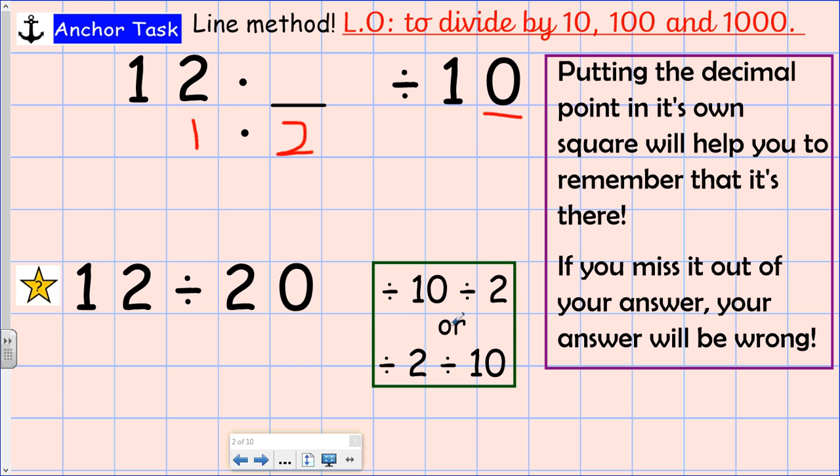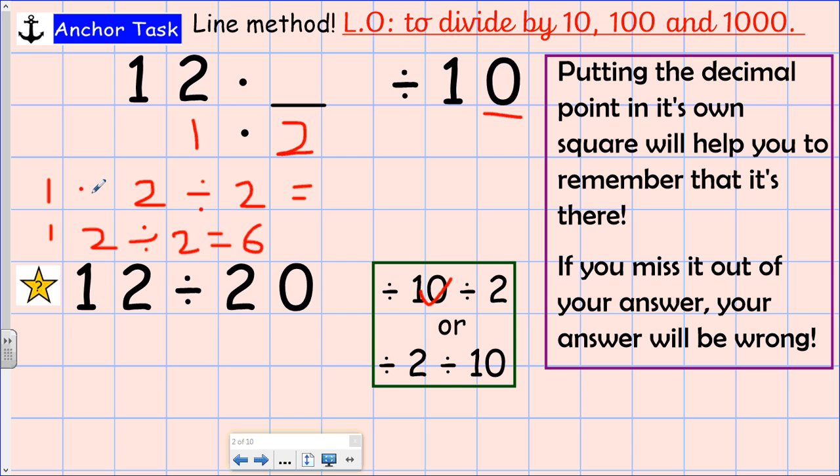So we've done the dividing by 10 bit: 12 divided by 10 is 1.2. Now I need to do 1.2 divided by 2. At this point, I've got some connective thinking coming into my brain because I know that 12 divided by 2 is 6.